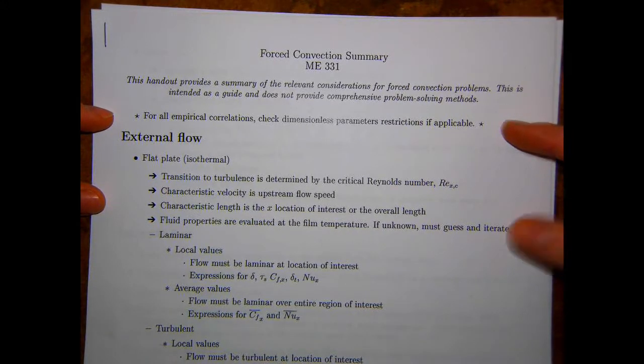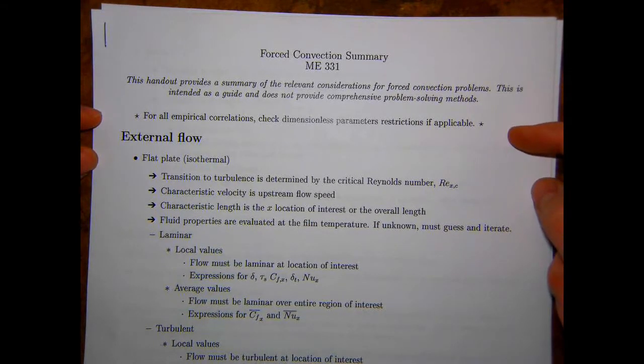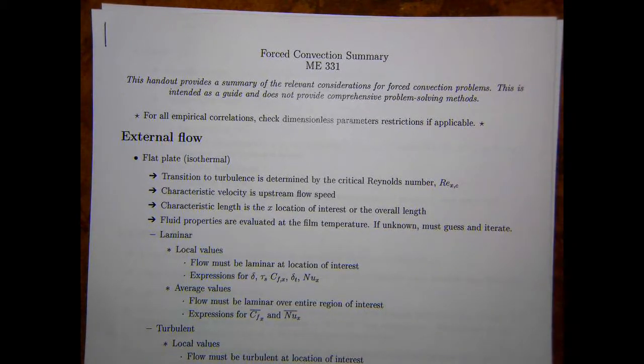Every time we wrote down an empirical correlation, it was applicable for a Reynolds number of this range, Prandtl number of this range, etc. So you must check that the fluid properties and dimensionless parameters are within the range of that empirical correlation. That applies to everything.